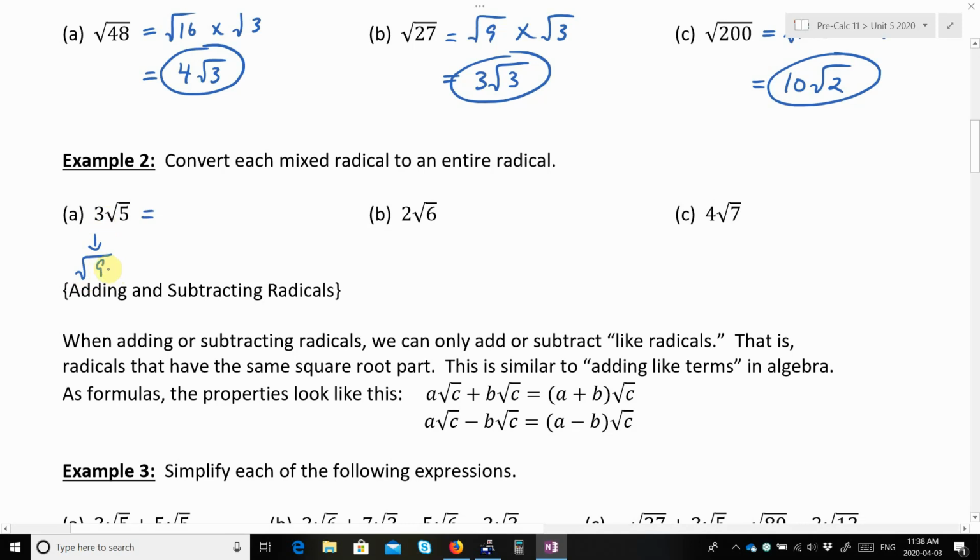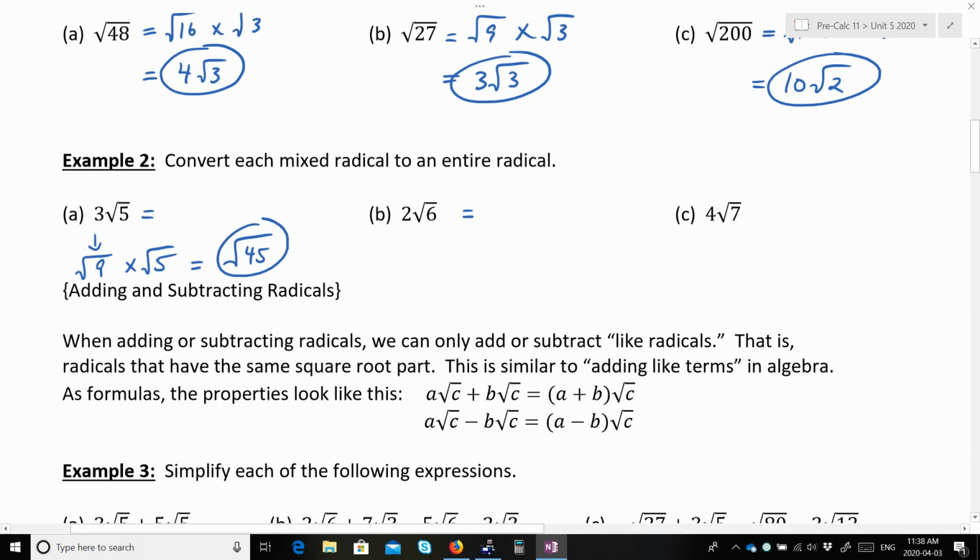Well, it's the square root of 9. Okay, and so we can write this as, instead of 3 times root 5, the square root of 9 times the square root of 5, which is root 45. Once you have the square root of something times the square root of something else, you can multiply the numbers inside.